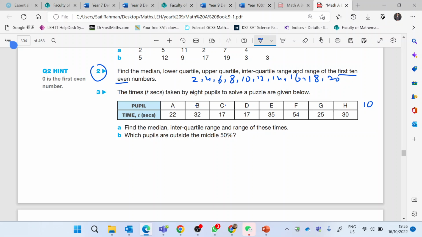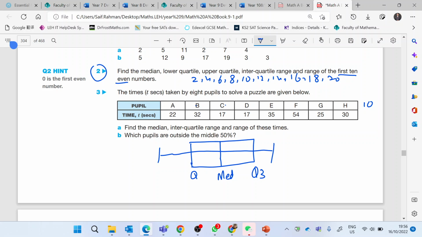Which pupils are outside the middle 50%? So the pupils which are outside means more than 50%, right? For the outside of the middle 50%, you can find the interquartile range, Q1 and Q3, and this will be the median.